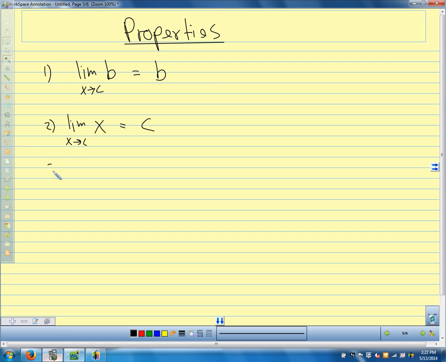We have a power of x. The limit as x approaches c of x to the n is c to the n.